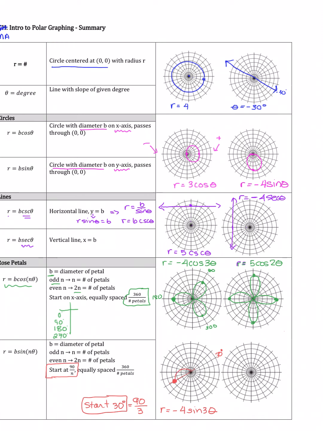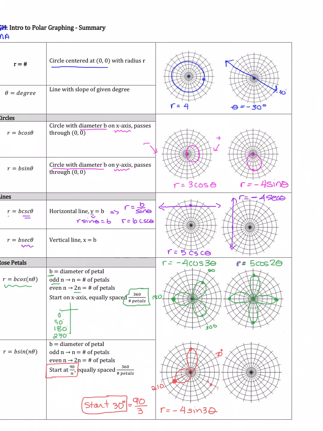So I'm actually starting at 210. And then everyone is going to be 120 degrees apart. So 210 minus 120 actually puts me at 90. And then 120 from here is going to be 330, which is right here.